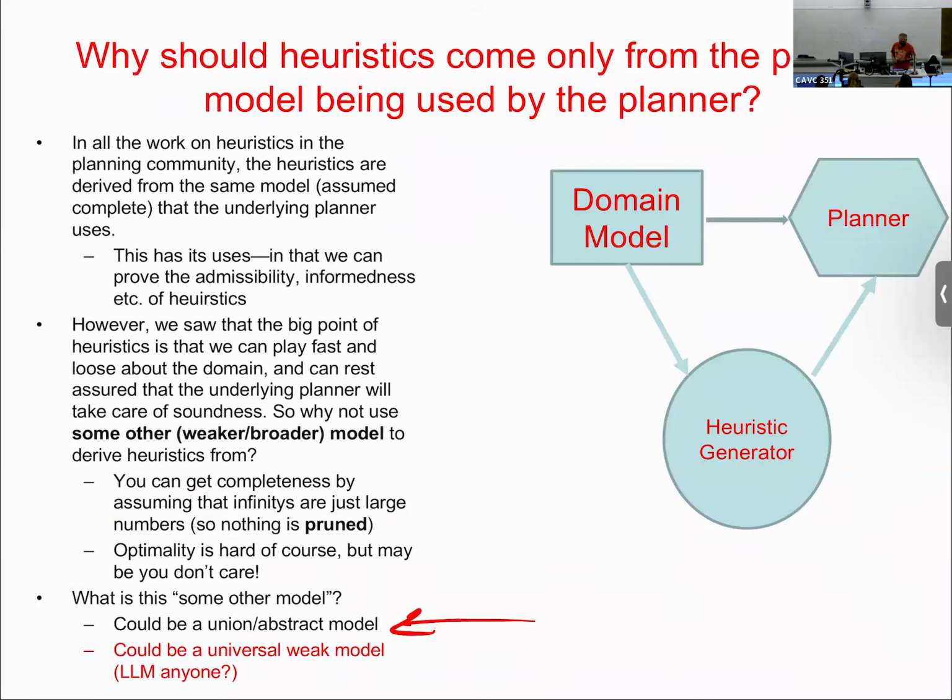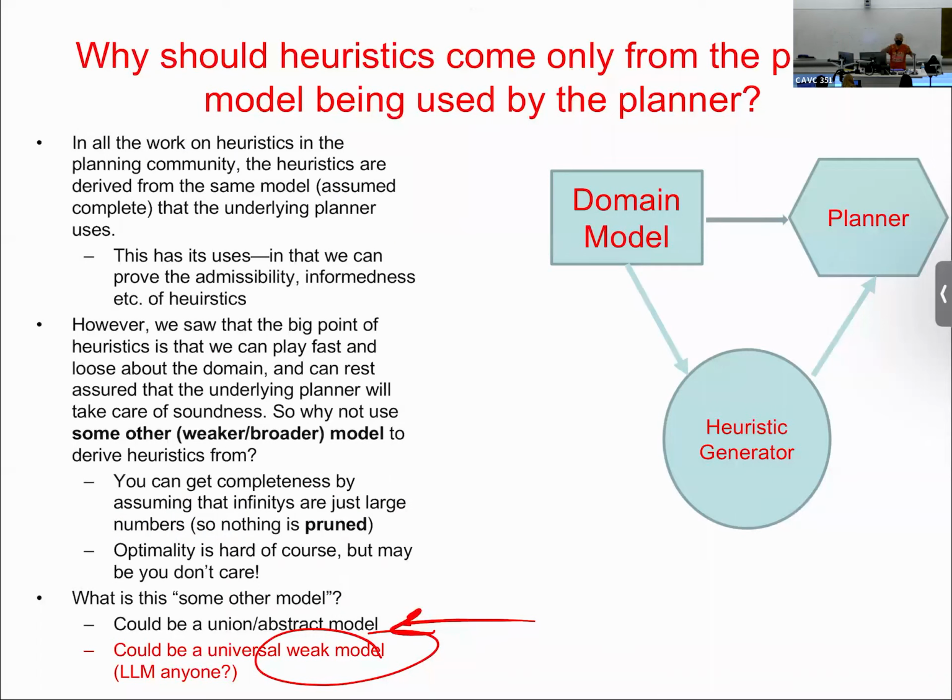So the next thing that I want to talk about in the next 15 minutes is to go even further and say, instead of union abstract model, why not some kind of a universal weak model? It's not about Blocksworld. It's not about logistics. It's not about any single thing. It is a shallow expert in everything.